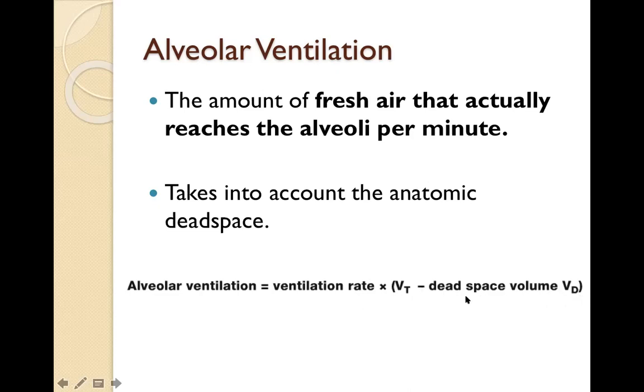And that's usually about 150 mils. So in most examples, it would be 500 mils minus 150 mils. So it would be that 350 mils that is reaching the alveoli per breath. And then we multiply it by how many breaths per minute. And that'll give us how much fresh air reaches the alveoli.